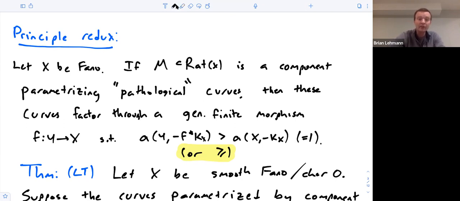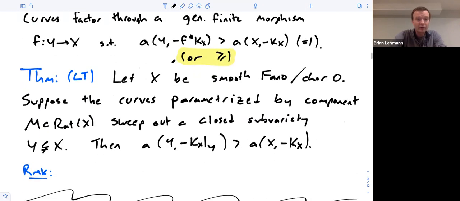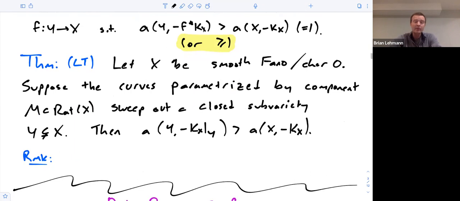Okay, so here's an example of this principle at work. This is a result due to Sho Tanimoto and myself. So suppose that X is a smooth Fano variety and that we're working in characteristic 0.